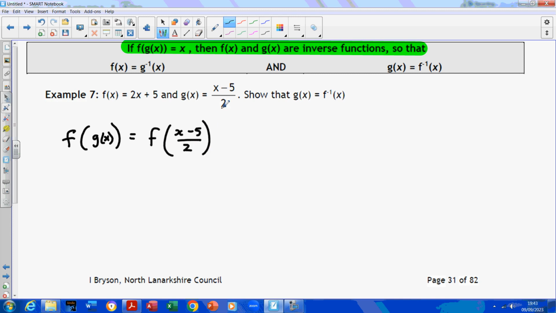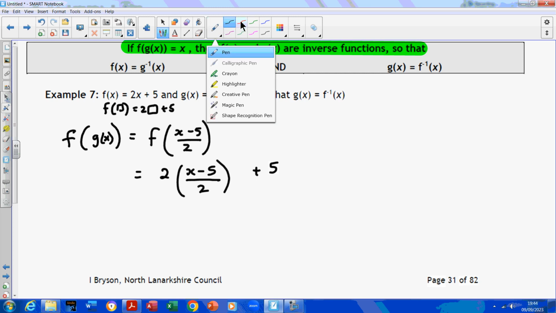What does function f do to the thing in the bracket? Function f takes the thing in the bracket, multiplies it by 2, and adds on 5. So to finish this off, we've got 2 times x minus 5 all over 2, and then it adds on 5.